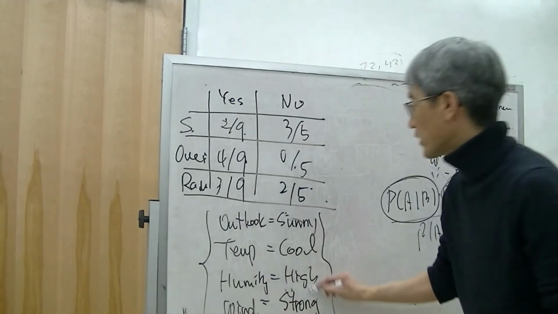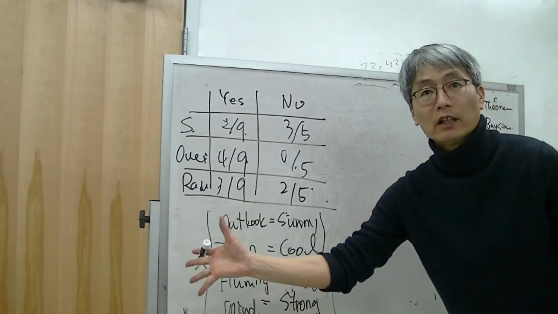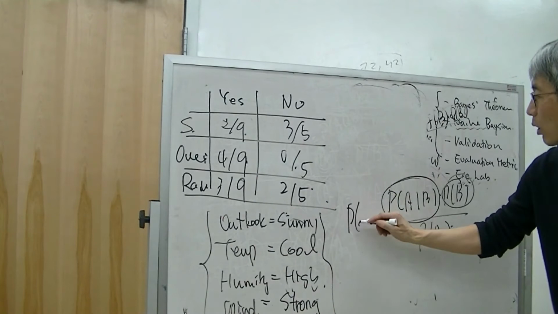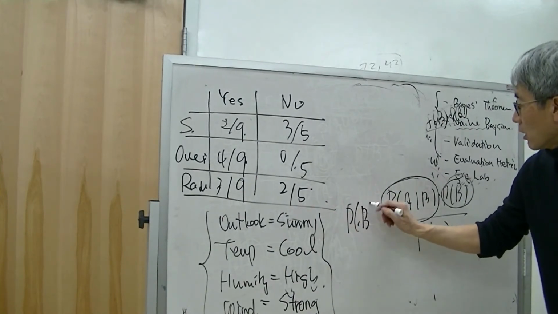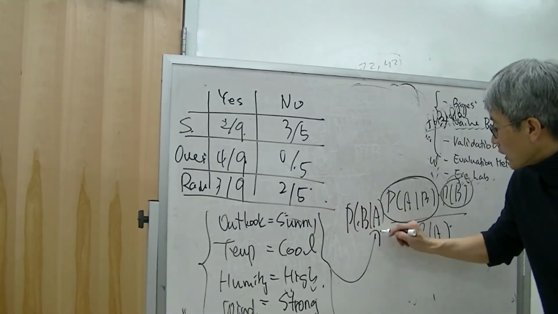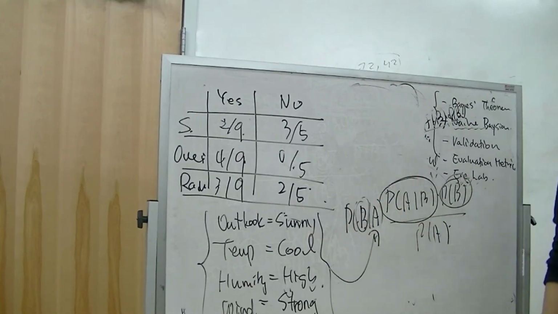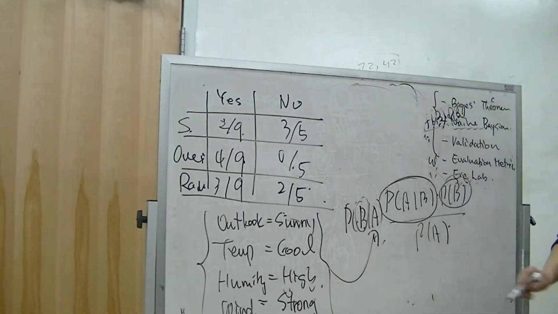Using this input, this is A, the input data. We'd like to know, given that A is this one, what is the probability of B? How to calculate?